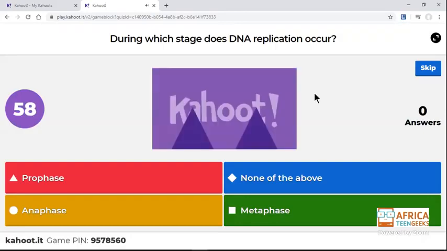So during which stage does DNA replication occur? Prophase, anaphase, none of the above, or metaphase? Are you guys able to answer now? Okay, no, I see 5 responses.